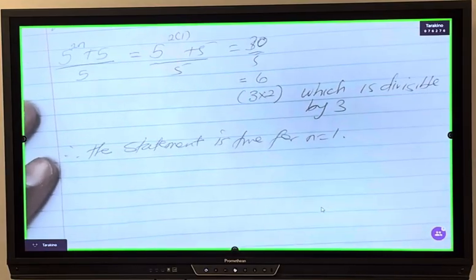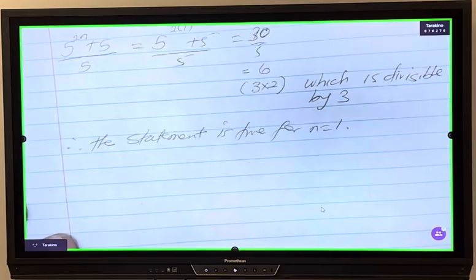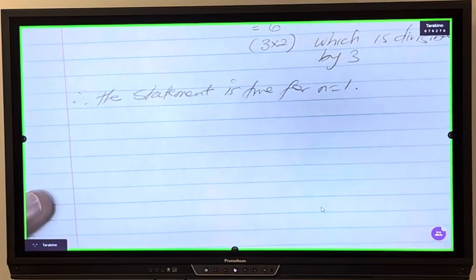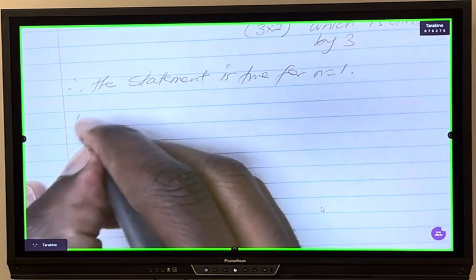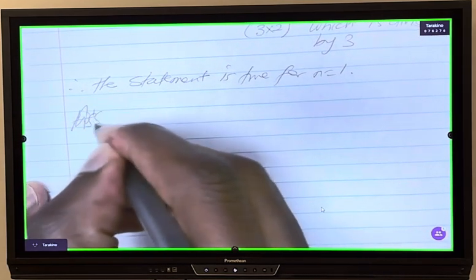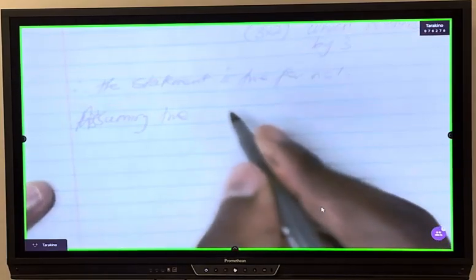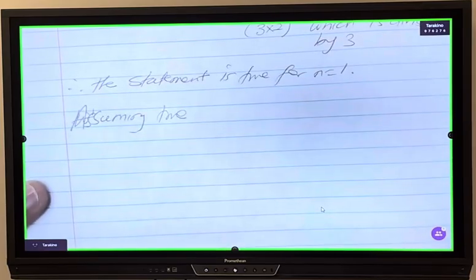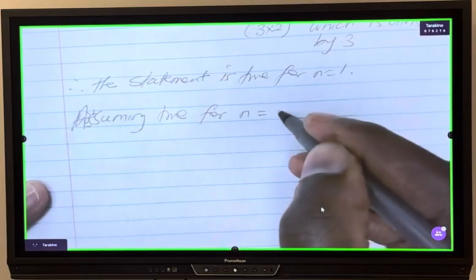Right. So once we have identified that the statement is true for n is equal to 1, we then move on to the inductive hypothesis, which is our assumption stage. So assuming true, we always assume true, for n equal to k.